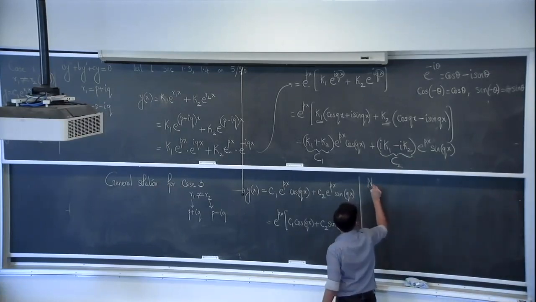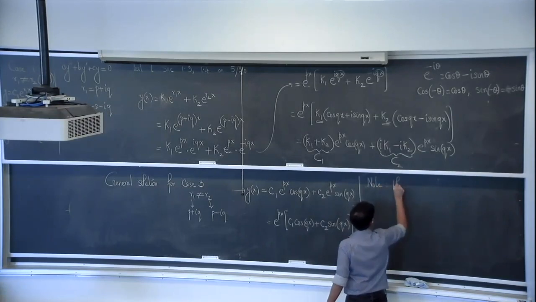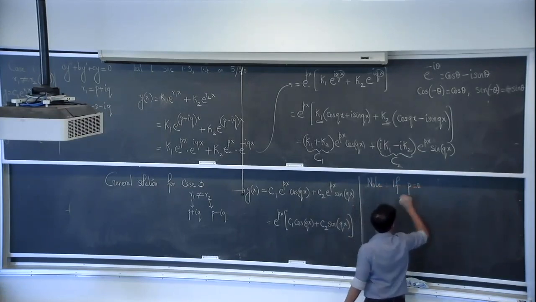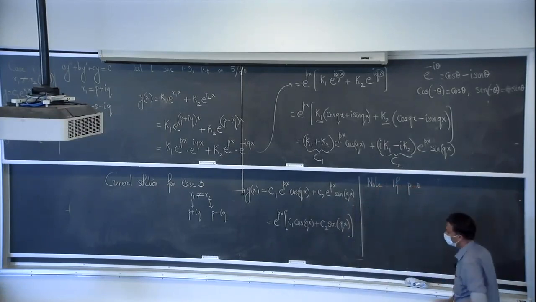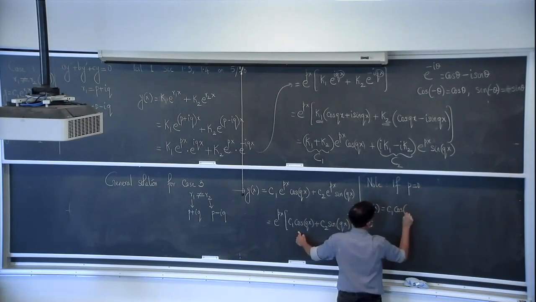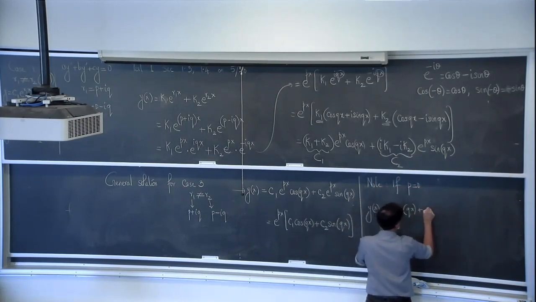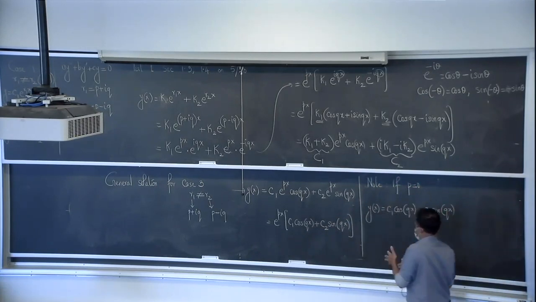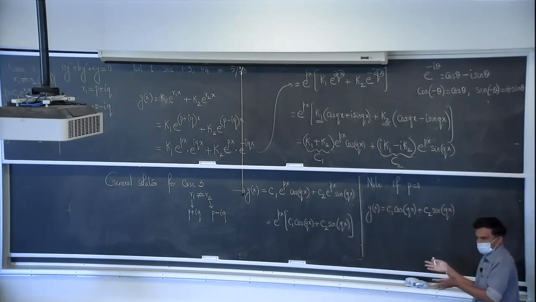So note, if p is equal to 0, that could happen. We have y of x equal to C1 cosine of qx plus C2 sine of qx. There is no e to the power of term because it's e to 0, which is 1.